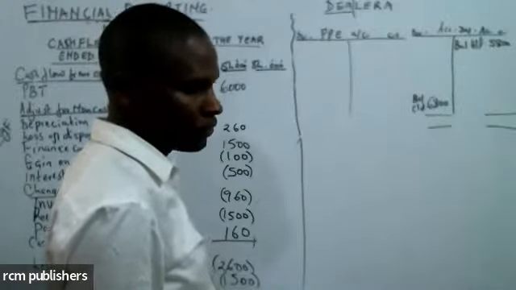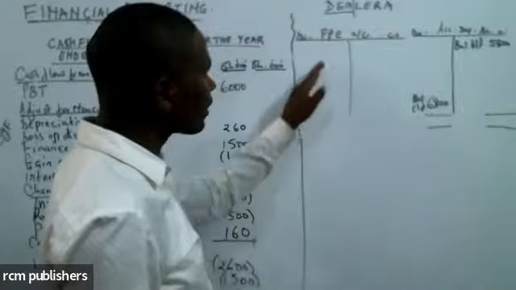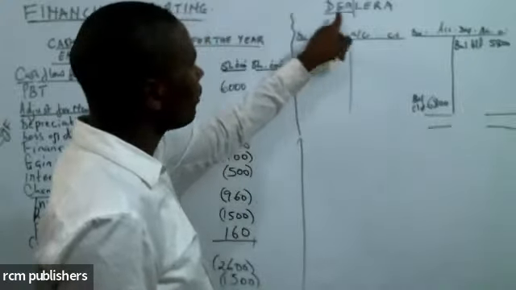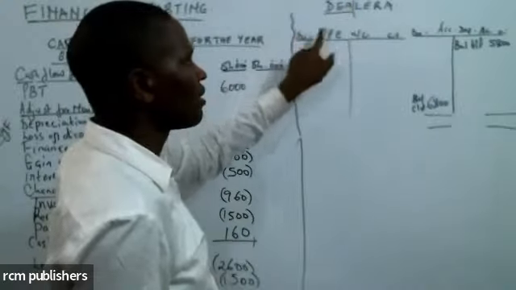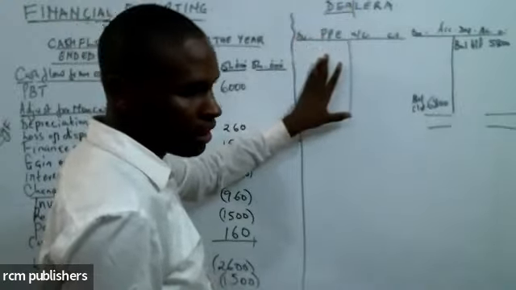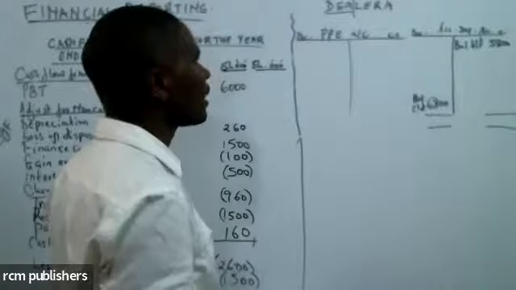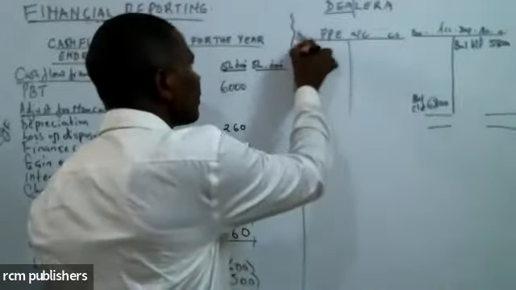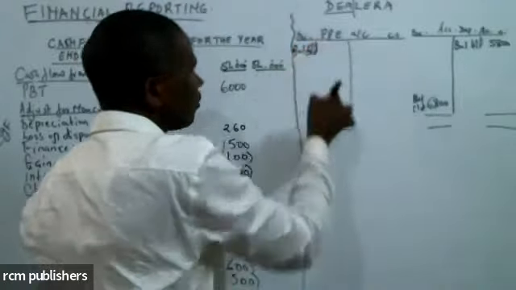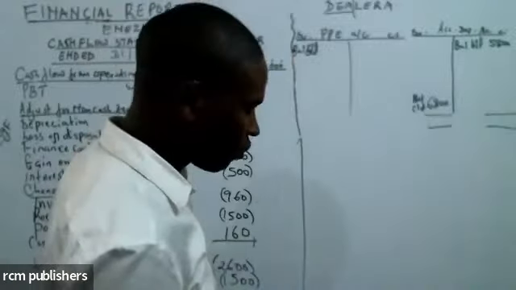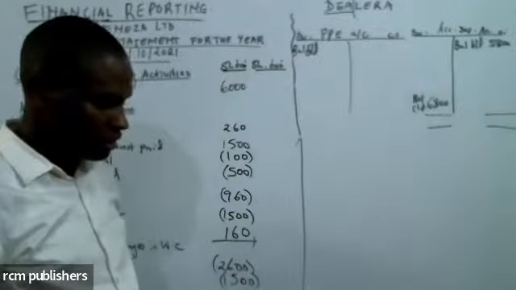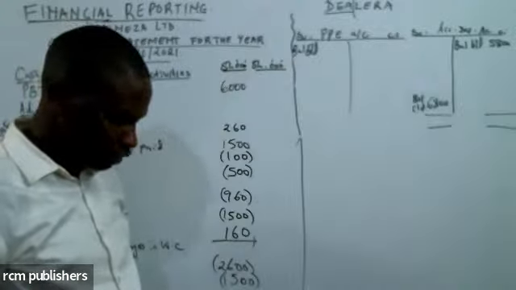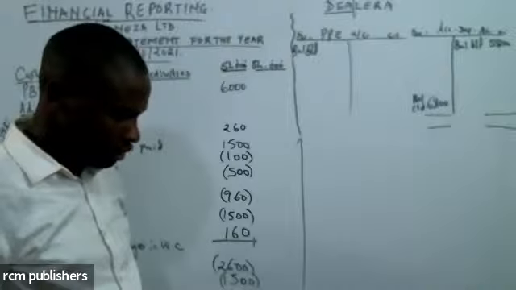Good. Now, our PPE falls under asset. All asset classes have a debit balance. Therefore, the balance brought down will be on the debit side. So what is the balance brought down of our PPE? Remember, we are looking at additional information number 3.